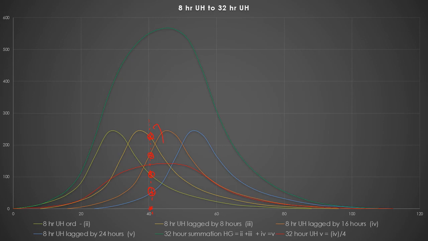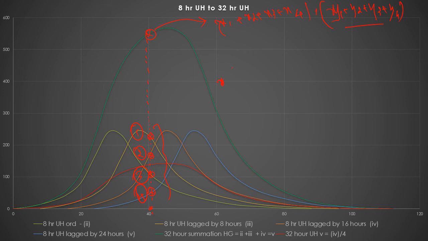Sum up the coordinates of these 4 points: the x coordinate will be x1 plus x2 plus x3 plus x4, and the y coordinate will be y1 plus y2 plus y3 plus y4, where x1, x2, x3, etc. are the x coordinates of these points respectively, and y1, y2, y3, etc. are the y coordinates of these points.